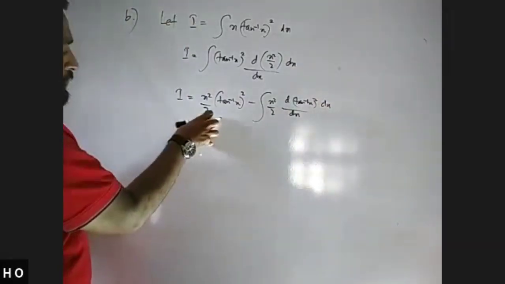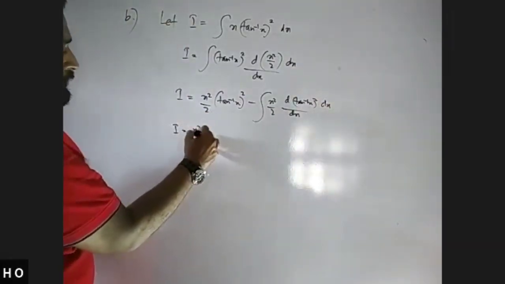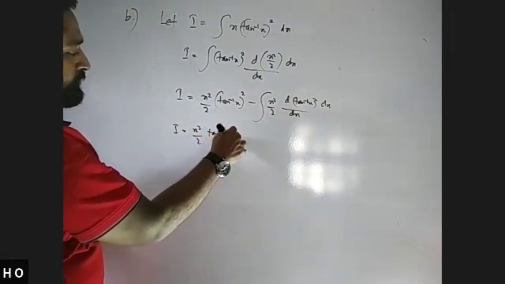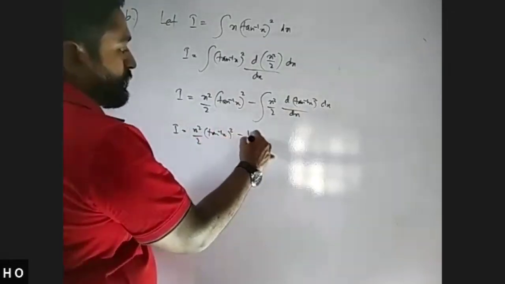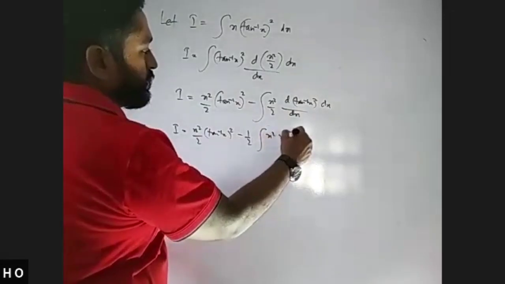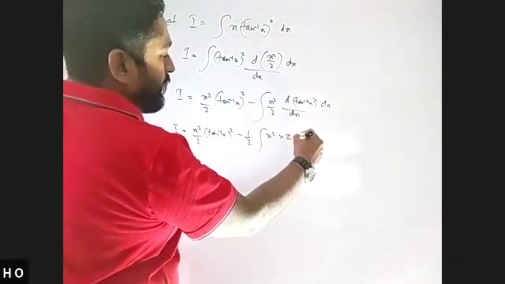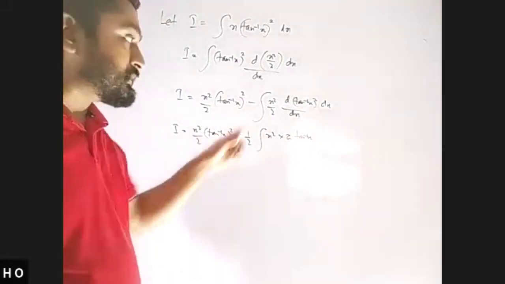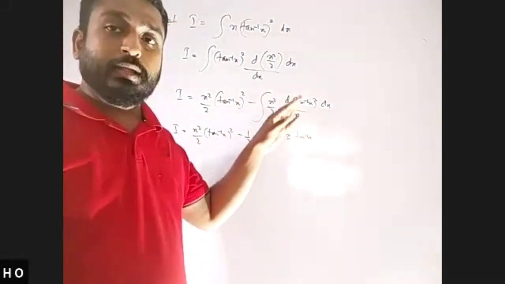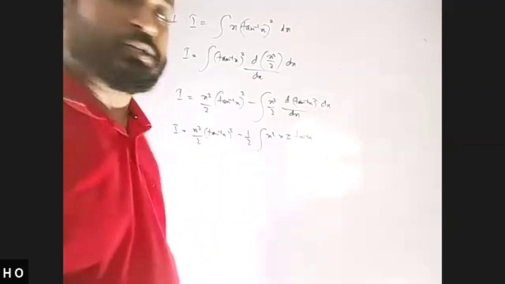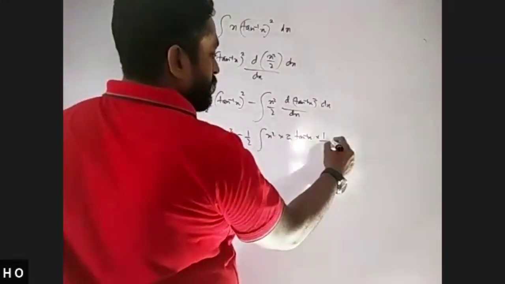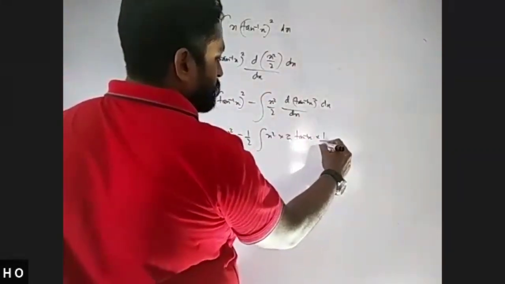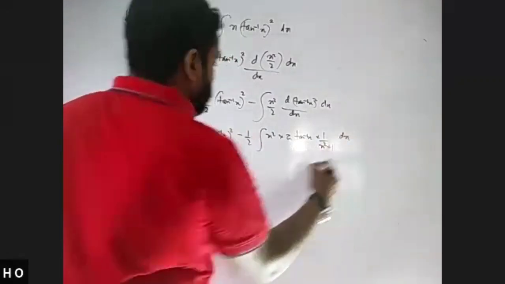Further, I is going to be x squared by 2 tan inverse x squared minus half out, x squared into 2 tan inverse x, by the chain rule. Tan inverse x squared should be differentiated with respect to tan inverse x, giving 2 tan inverse x, then tan inverse x with respect to x, into 1 over 1 plus x squared, or x squared plus 1, into dx.